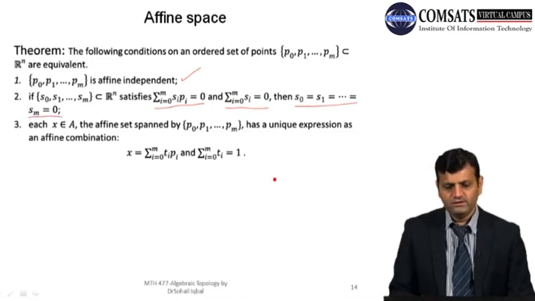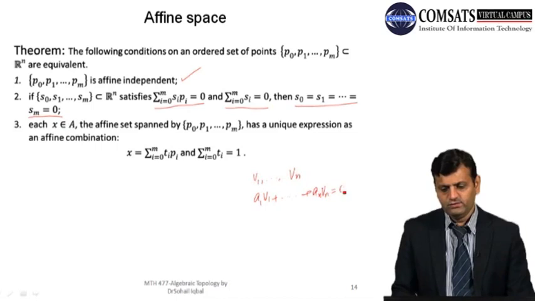So once again you can see the similarity of this discussion with the discussion of vector spaces. In vector spaces we show that a collection of vectors v1 up to vn is linearly independent if a1 v1 plus so on plus an vn equal to 0 implies that the ai's are 0 for all i.